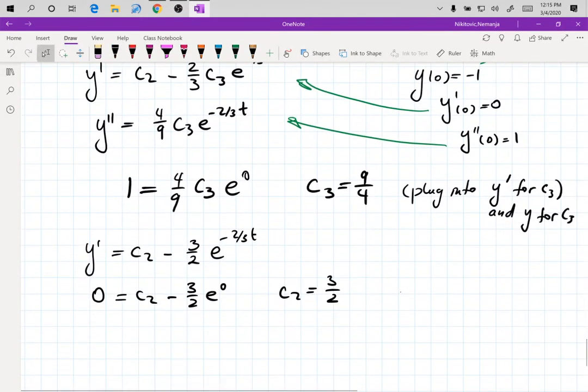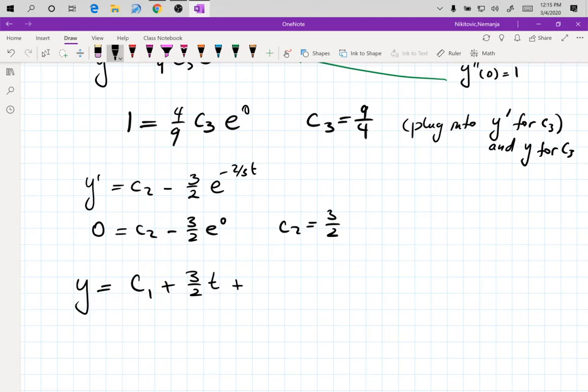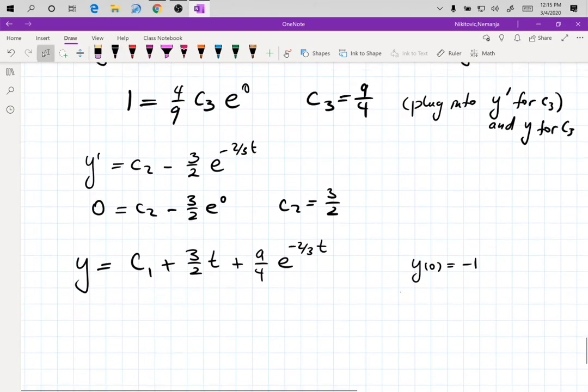And now we have y, which is c1 plus c2, which is 3/2 t, plus, and now I have 9/4, because it's just c3, e to the negative 2/3 t. We plug in y of 0 equals negative 1. So negative 1 equals c1 plus 0 plus 9/4.